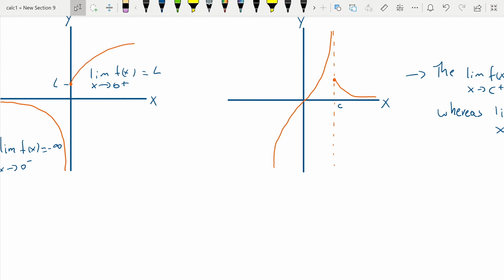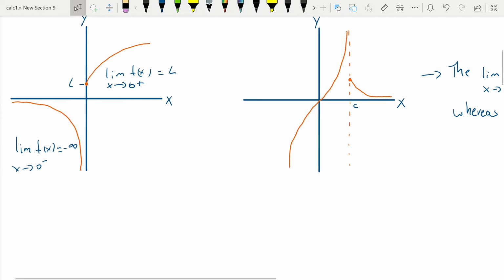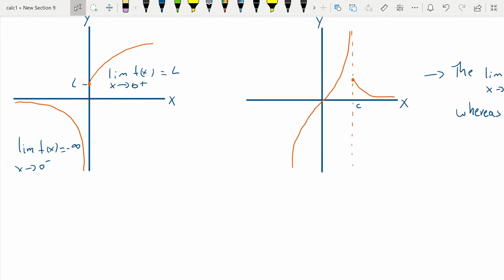And that's regardless of what happens at x equals c itself. f may be defined at the point, like in these two cases, and it may even be right continuous, as in these two cases, but the function exhibits an infinite type discontinuity at the point, regardless. Okay, so that more or less finishes the classification of discontinuities. We have removable, jump, and infinite type discontinuities.